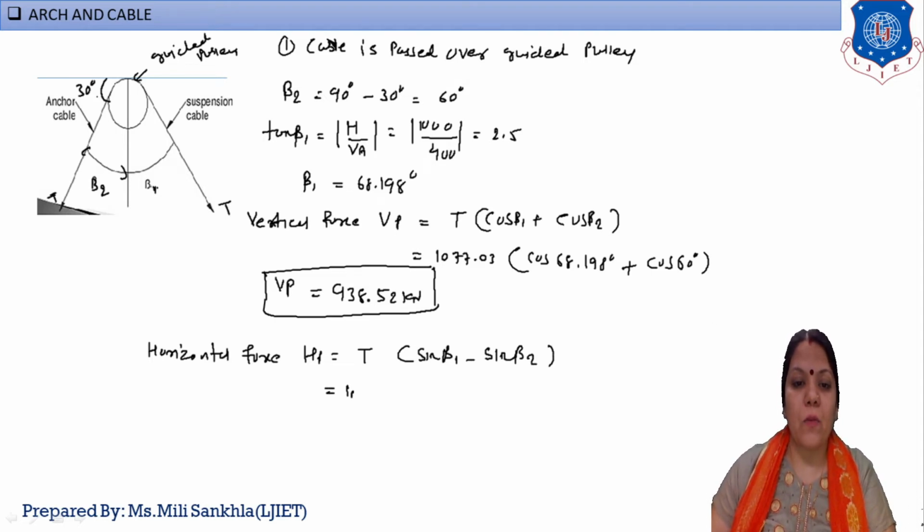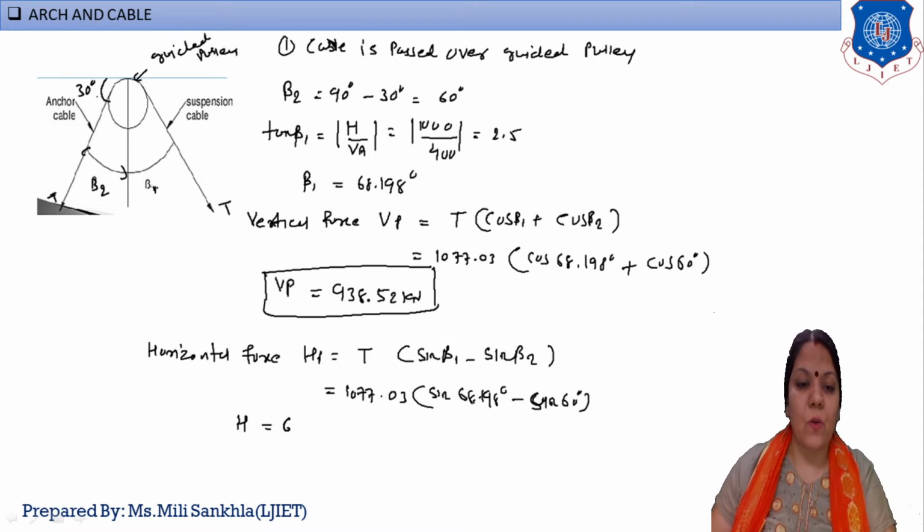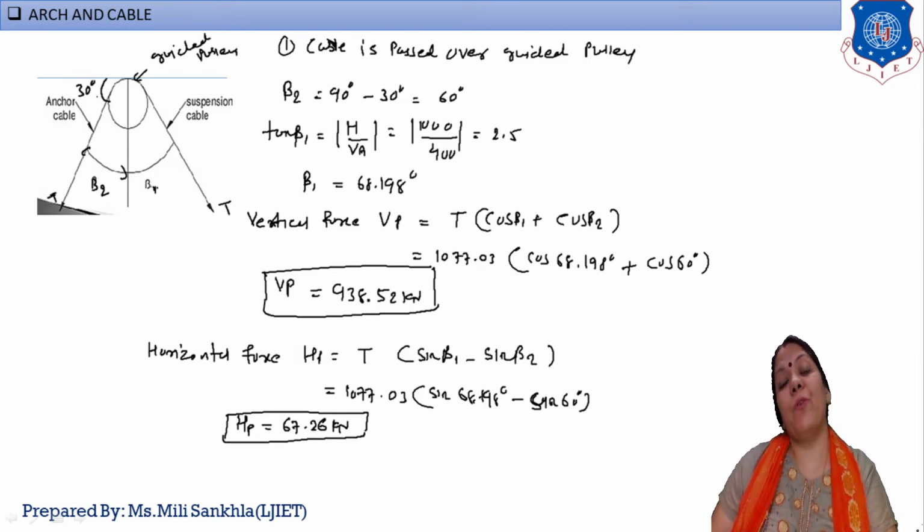T is given 1073, and beta 1 is equal to 68.198 degree and beta 2 is 60 degree. After simplification H is equal to 67.26 kilonewton. This is our second value of horizontal force when it is mounted on guided pulley.